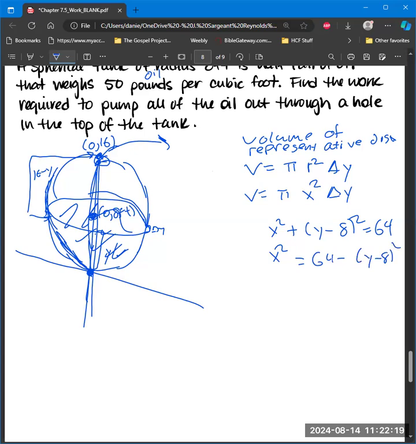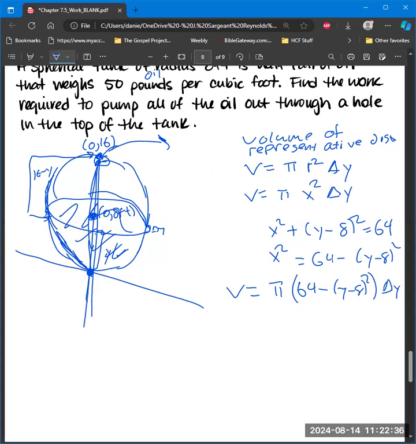It's a difference of squares. So our V for our slice is going to be pi times (64 minus (y minus 8) squared) delta y.